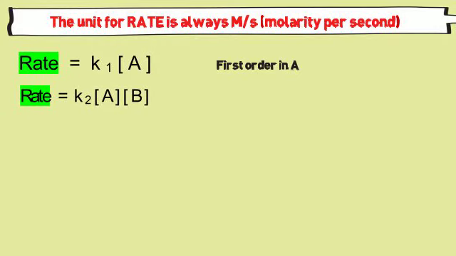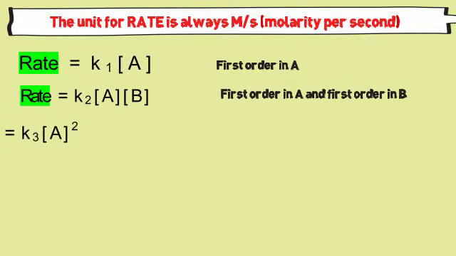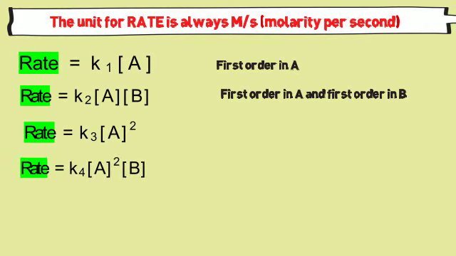This one, can you predict what it is? It is first order in A and first order in B. I'm going to let you predict the next few. What is the order for this? And this one. And this last one.